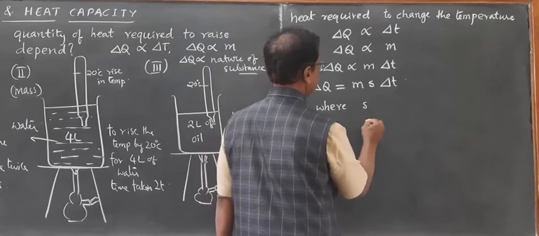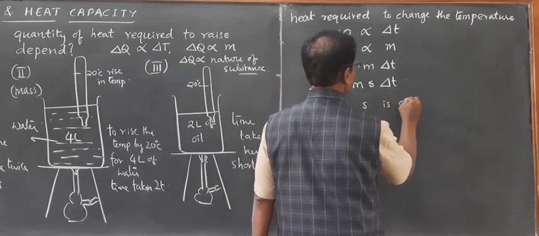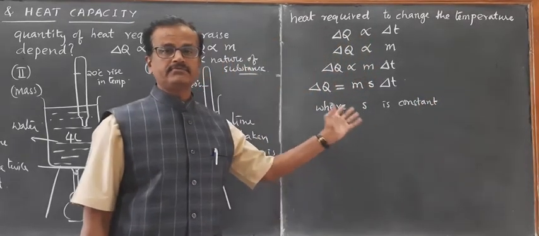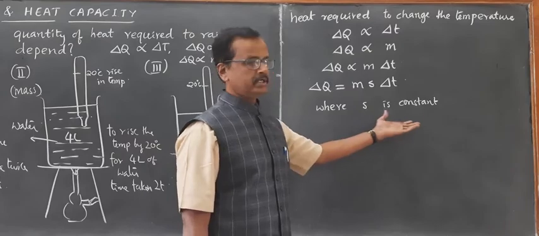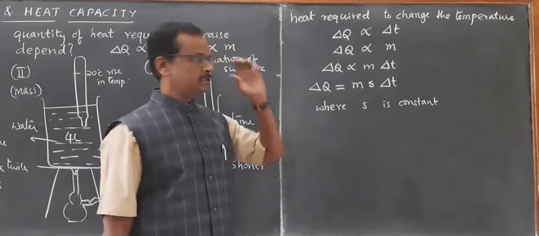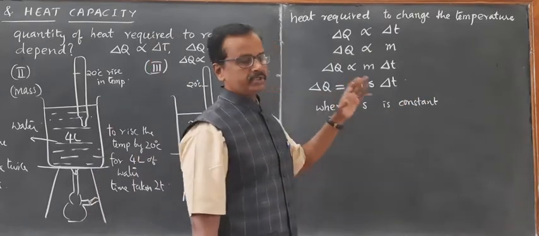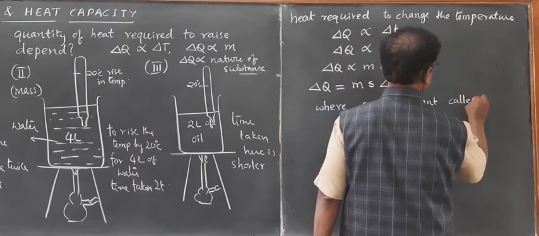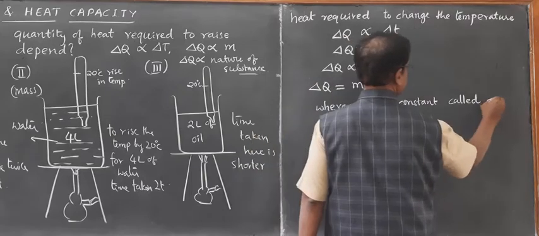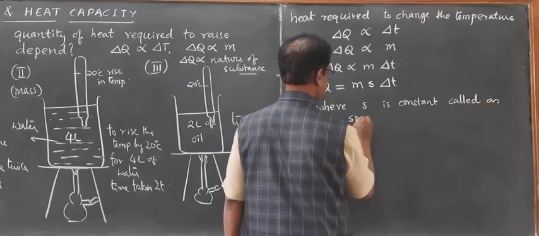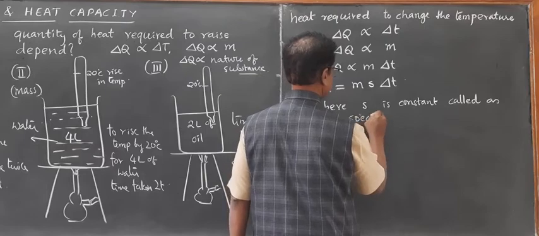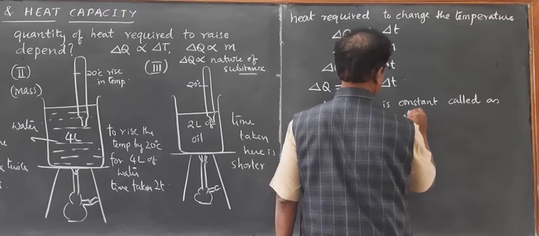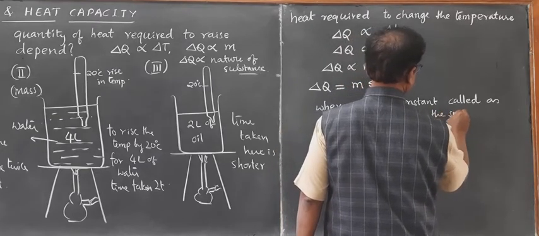small s is a constant dependent on the nature of substance. It is a constant dependent on the nature of substance and it is characteristic of that particular substance, called the specific heat of the substance.